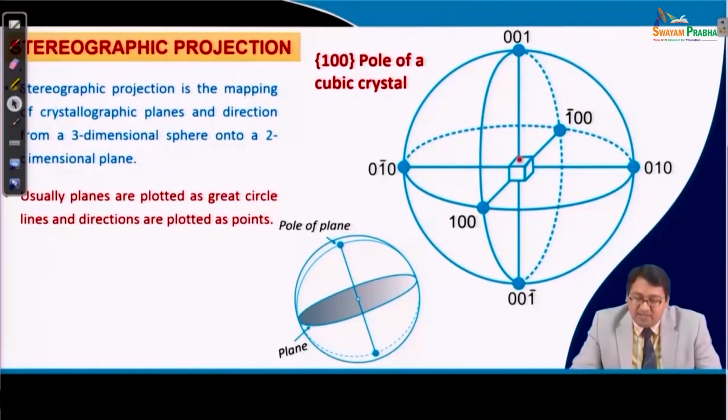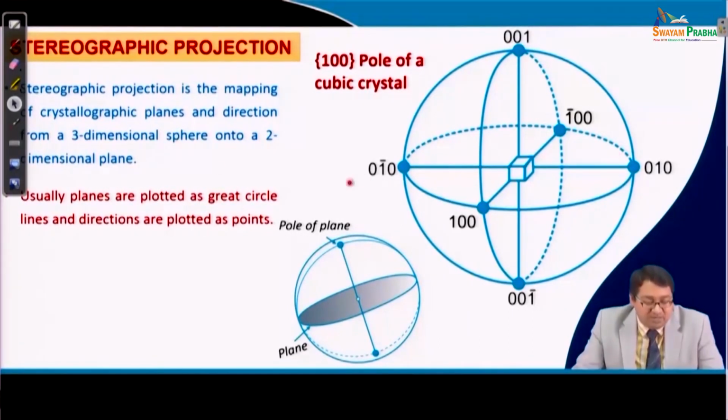On the other hand, if we take the 0 0 1 plane, the plane which is perpendicular to this 0 0 1 direction, then this plane also will cut down the sphere and form a circle, right. And these things which are forming on this 3-dimensional sphere are basically known as great circles or great circle lines.